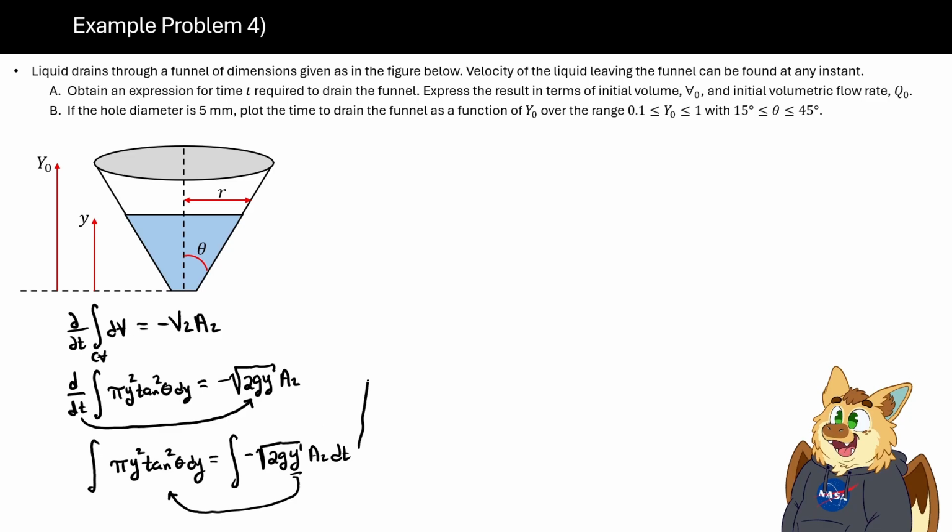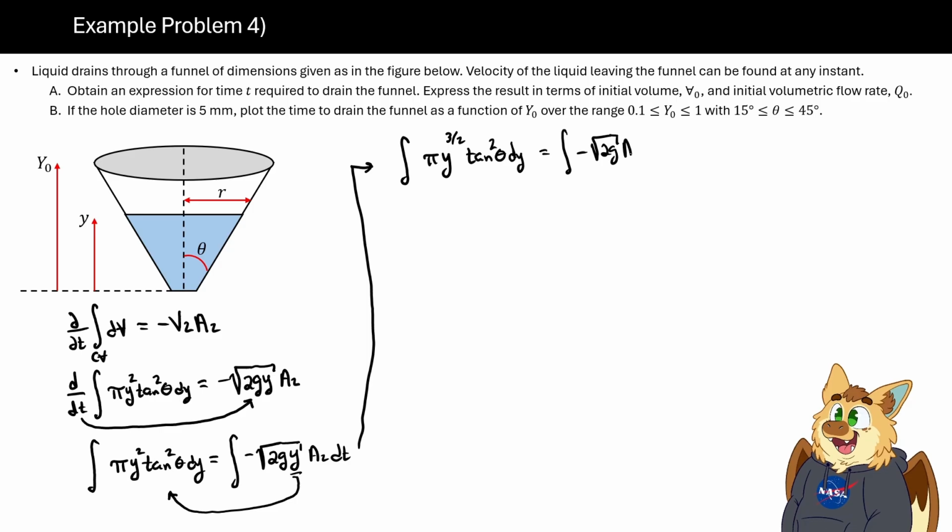So when we do that, we end up with pi, this would be y to the 3 over 2, because we're dividing y squared by y to the 1/2. This would be negative square root of 2g a2 dt. Perfect.